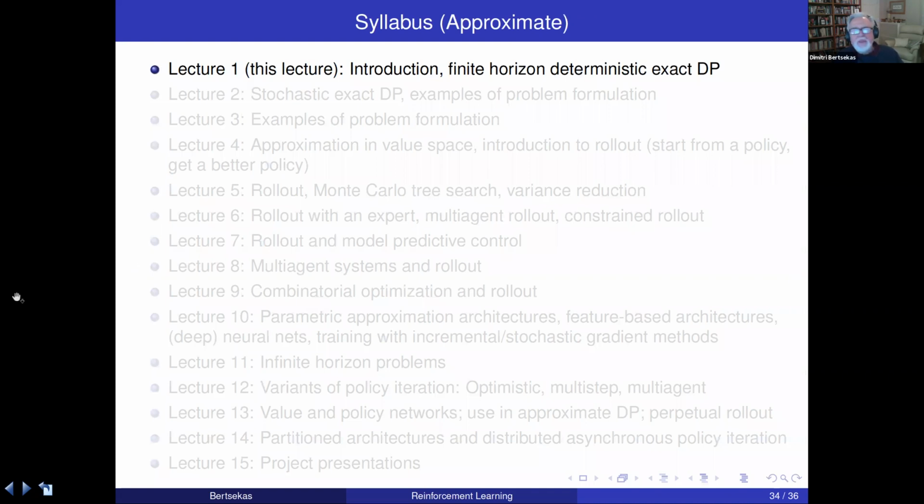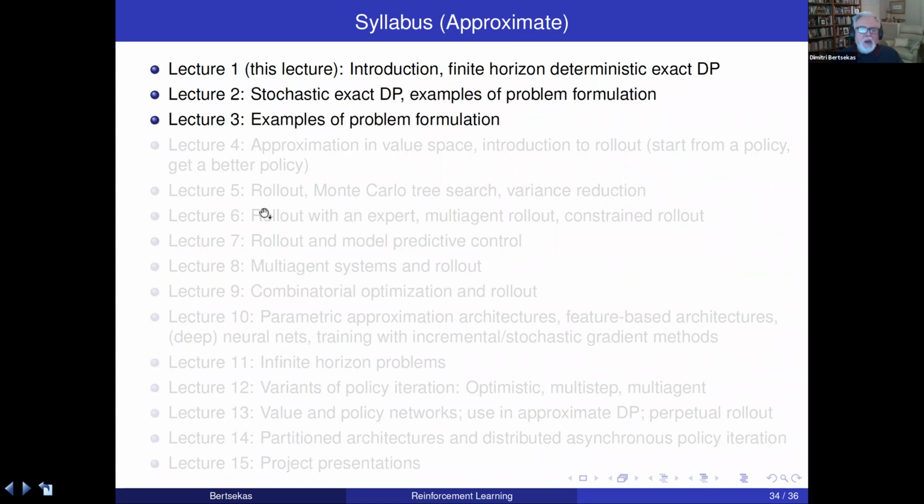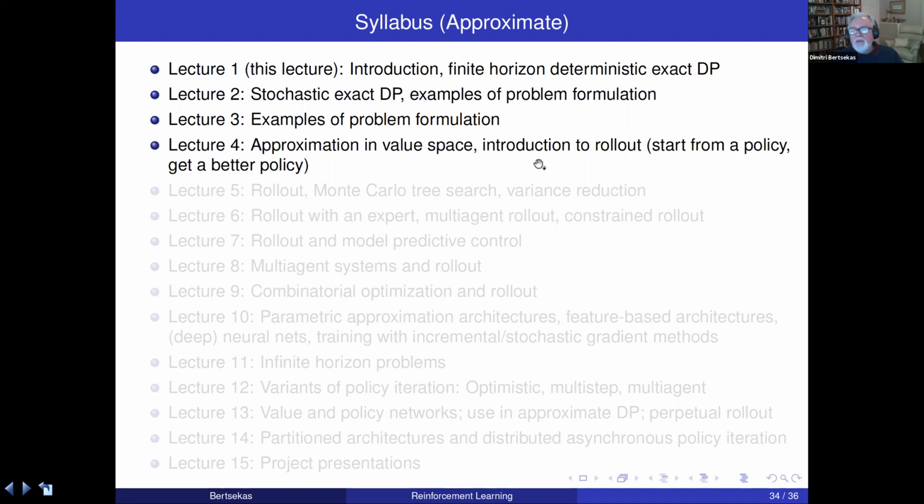Okay, so this course deals with approximations. It's an approximate syllabus. We are going to spend 3 lectures, including this one, on the connections between exact and approximate dynamic programming, and also examples of problem formulation, like I gave today for discrete deterministic problems. Then we're going to go into approximation in value space and rollout.